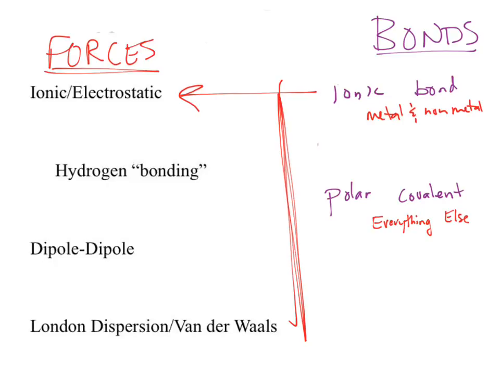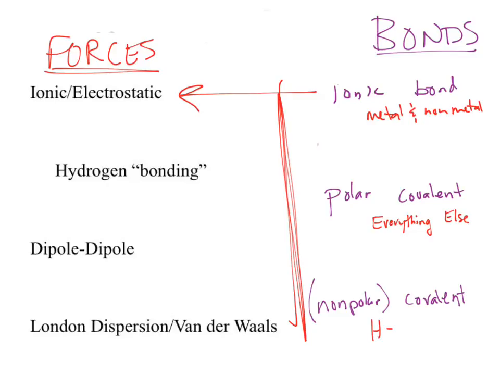So the last bond type, I'm going to put it in parentheses for the nonpolar part, covalent. Okay. How do we know we have a nonpolar covalent compound? Two nonmetals isn't going to help us out. It's technically true, but that's not going to help us out. What was that?